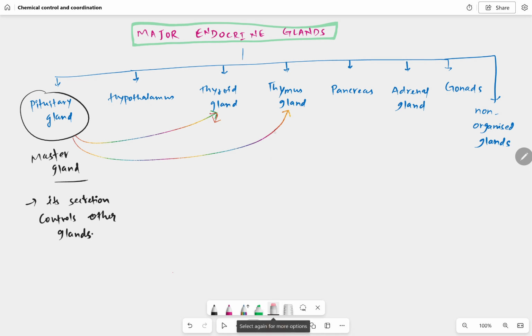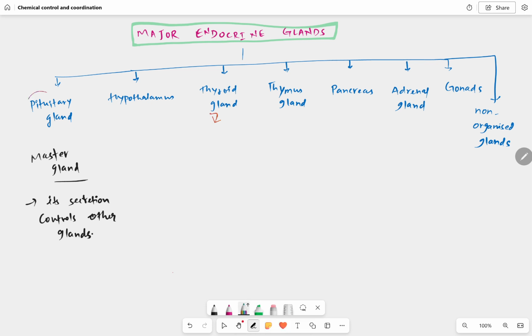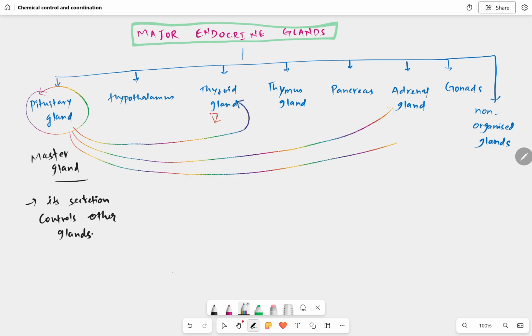controlling the activity of the thyroid gland, controlling the activity of the adrenal gland, controlling the activity of these gonads. So more or less it is controlling the activities of other glands.